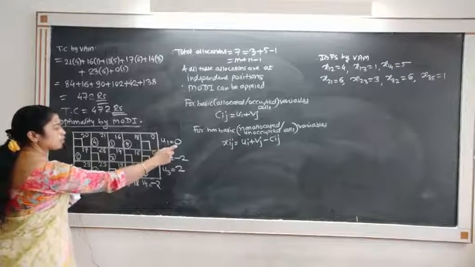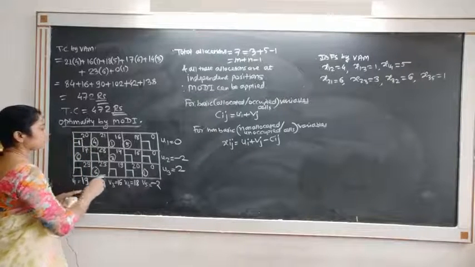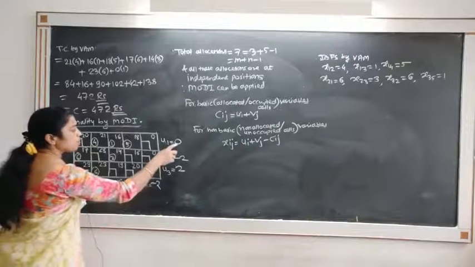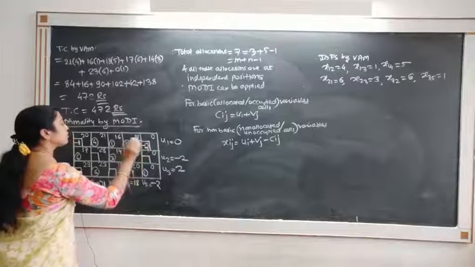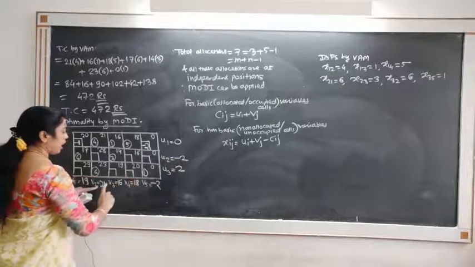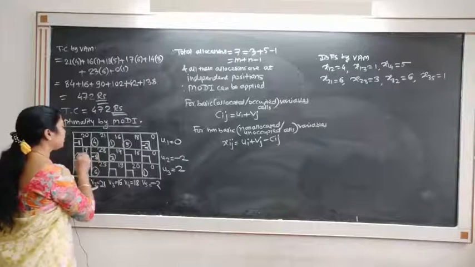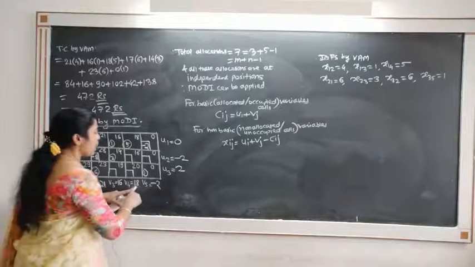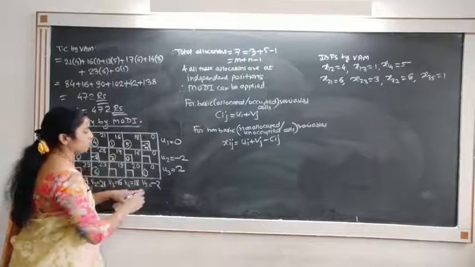19 plus 0, 19, 19 minus 20, minus 1. Minus 2 plus 0, minus 2, minus 0, minus 2. 21 minus 2, 19, 19 minus 28, minus 9. 18 minus 2, 16, 16 minus 16, 0.